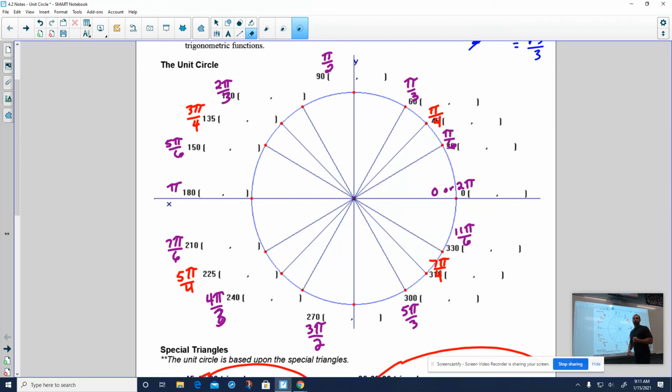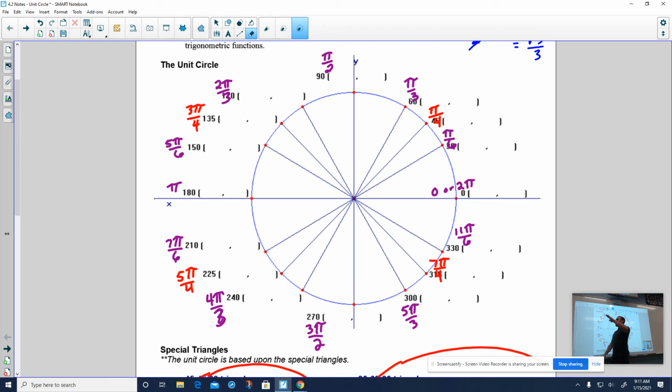I don't want you to try to memorize your way through this unit circle. I want you to be able to create the unit circle rather quickly. At first, you might need to draw it, but later I want you to create it in your head. When somebody says 5 pi over 6, I want you to go, that's just 5 30-degree angles, so I'd be at 150.